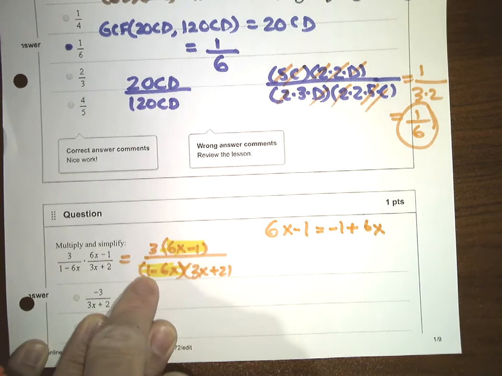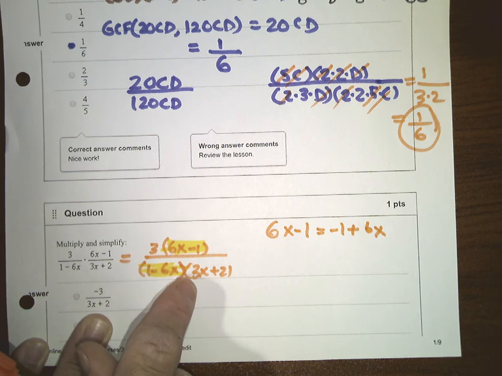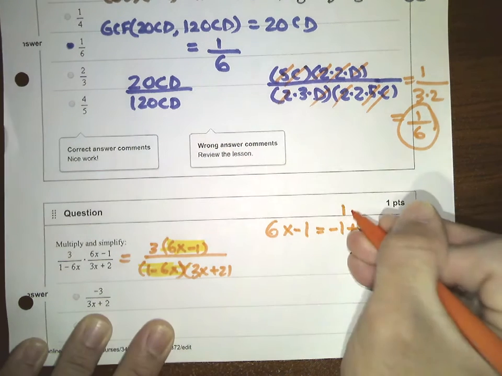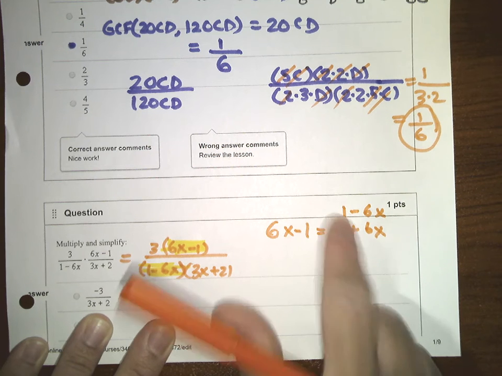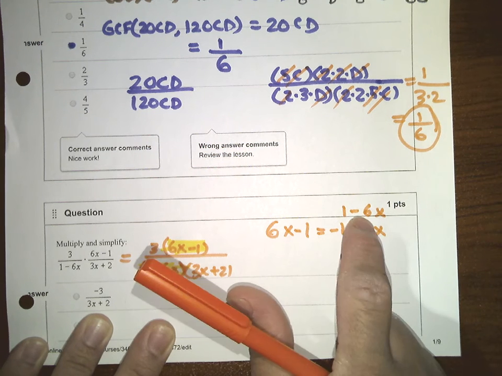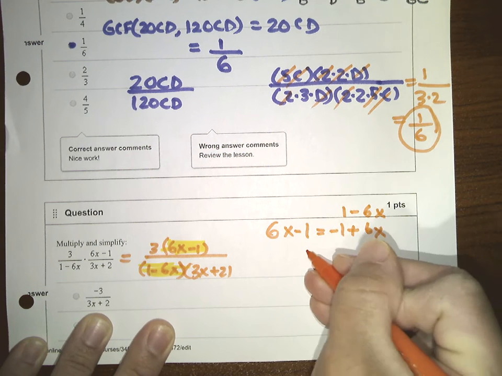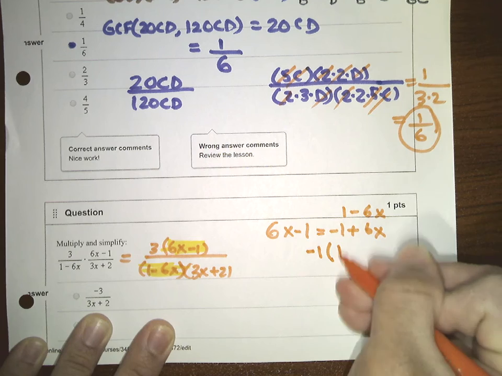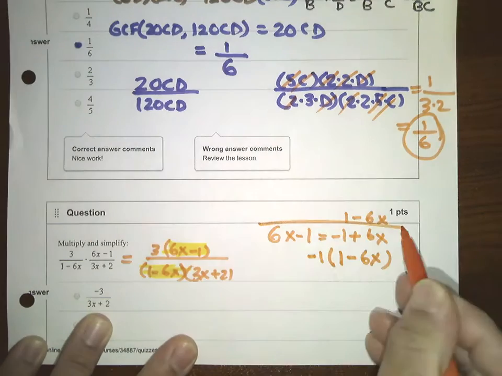And now I'm even closer to looking exactly like 1 minus 6x, but instead of a positive 1, I have a -1. Instead of a -6, I have a +6, right? So I can actually factor out a -1 and make this 1 minus 6x. So -1 times 1 minus 6x, all right?